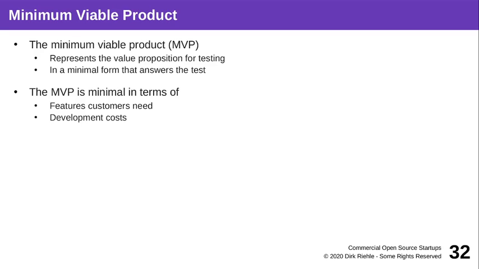It's not just useful for the startup to learn what users are thinking. It already does something for the user that they want, that they need, so that they can keep using that product, possibly even pay for it. This nicely aligns with the innovators and early adopters of the core product in Moore's Crossing the Chasm.